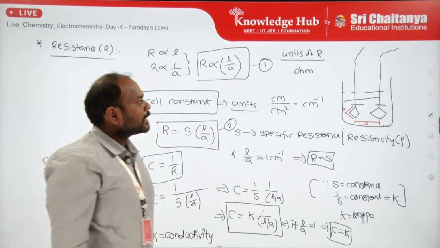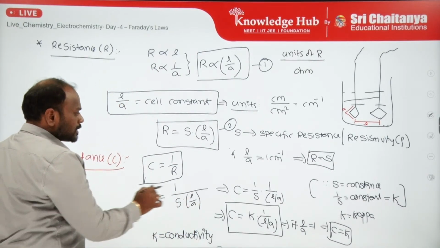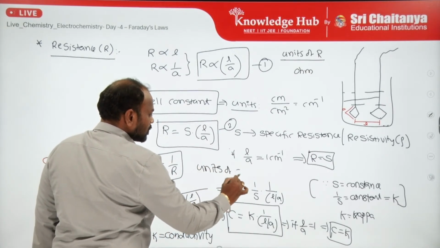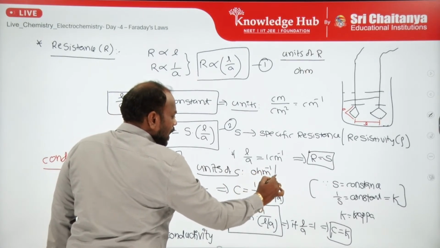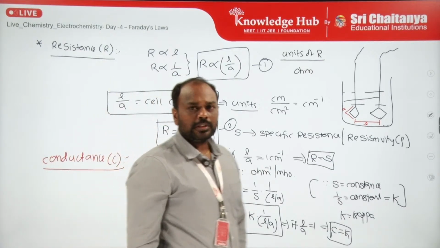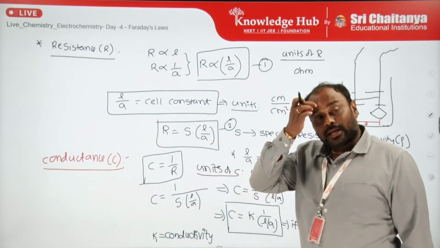What is the units for the resistance? Ohm. Whereas units for conductance, that is nothing but ohm inverse, or this is also called mho. Okay, ohm inverse or mho. These are the units for the resistance and conductance.